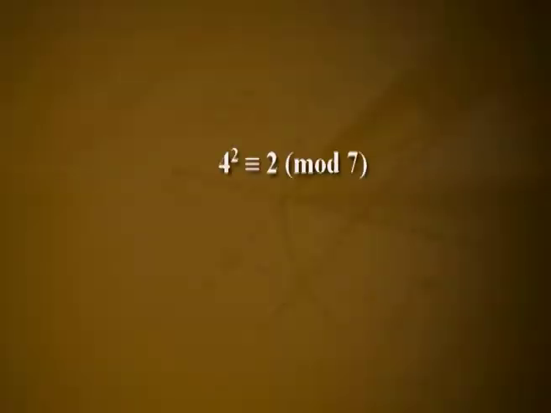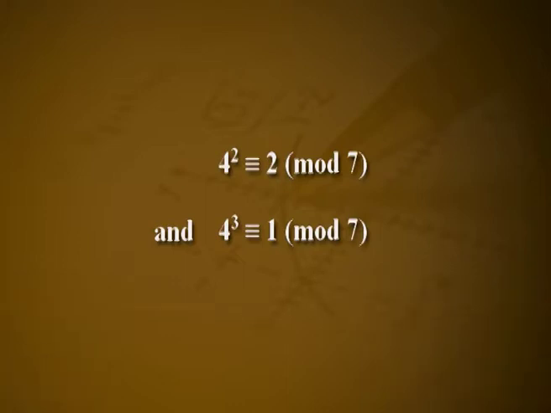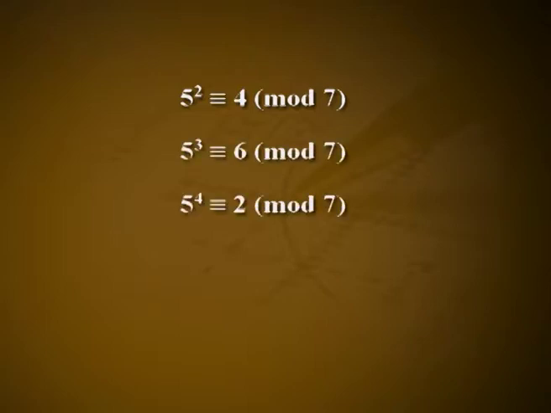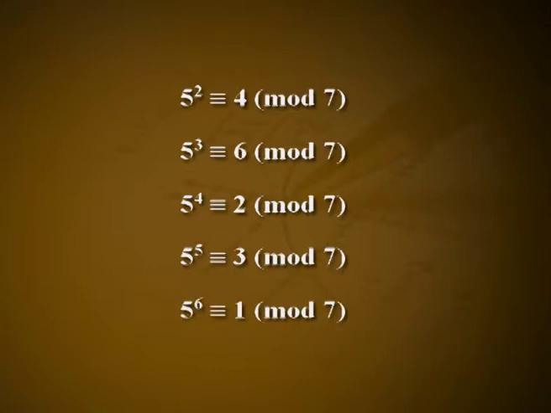As 4 square is congruent to 2 mod 7 and 4 cube congruent to 1 mod 7, 4 cannot be a primitive root mod 7. Also, 5 square congruent to 4 mod 7, 5 cube congruent to 6 mod 7, 5 raised to 4 congruent to 2 mod 7, 5 raised to 5 congruent to 3 mod 7, 5 raised to 6 congruent to 1 mod 7.